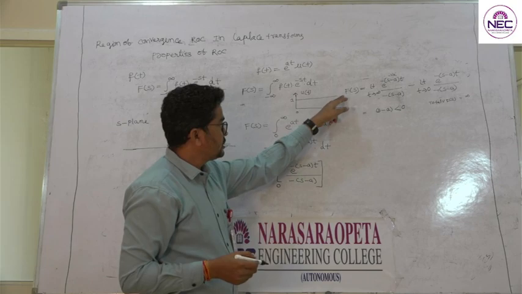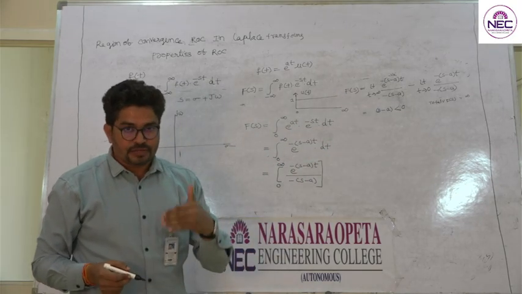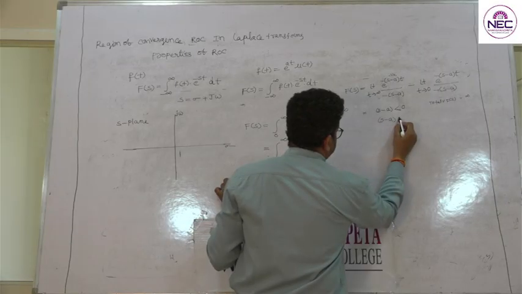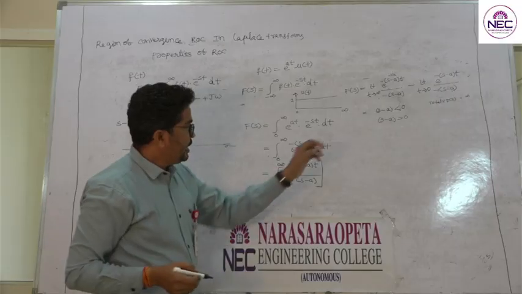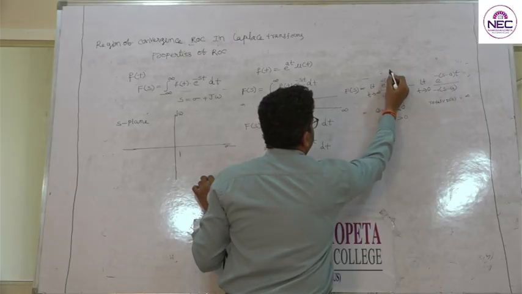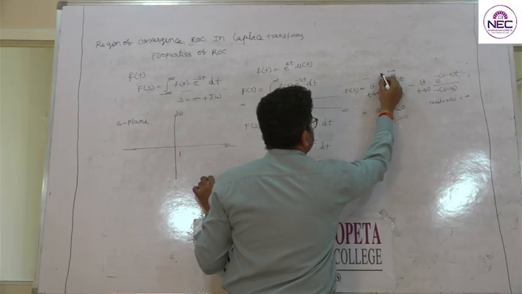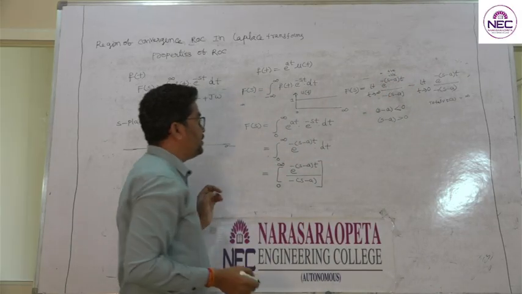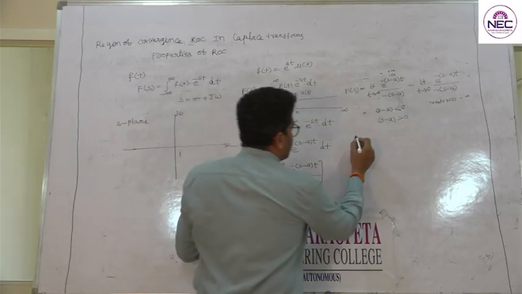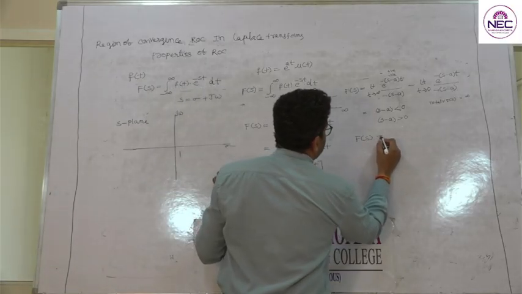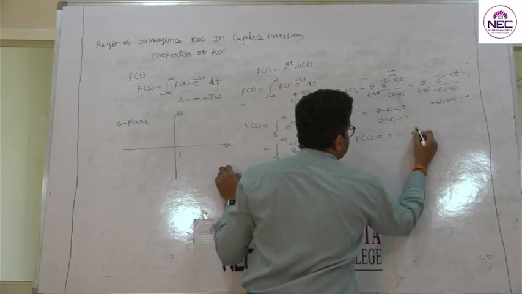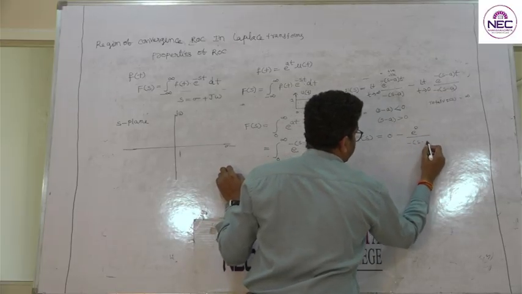The transform must have a finite value. Suppose s minus a is greater than 0, which indicates positive. Then minus into plus gives e power minus infinity as t tends to infinity, which equals 0. The first term becomes 0. So F of s equals 0 minus the limit t tends to 0 of e power 0 by minus of s minus a.